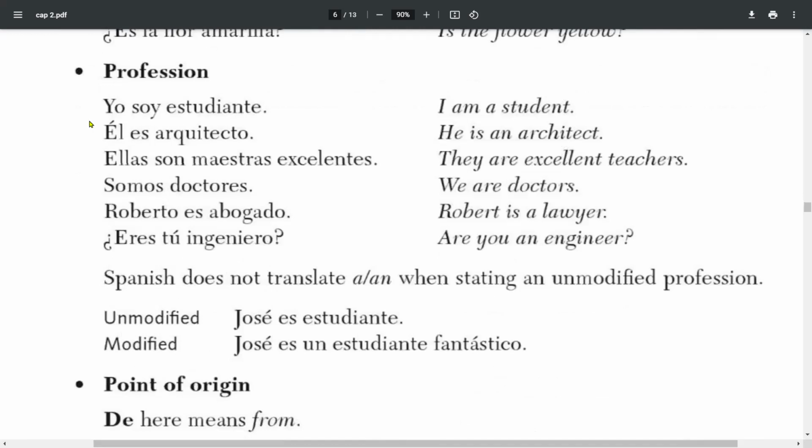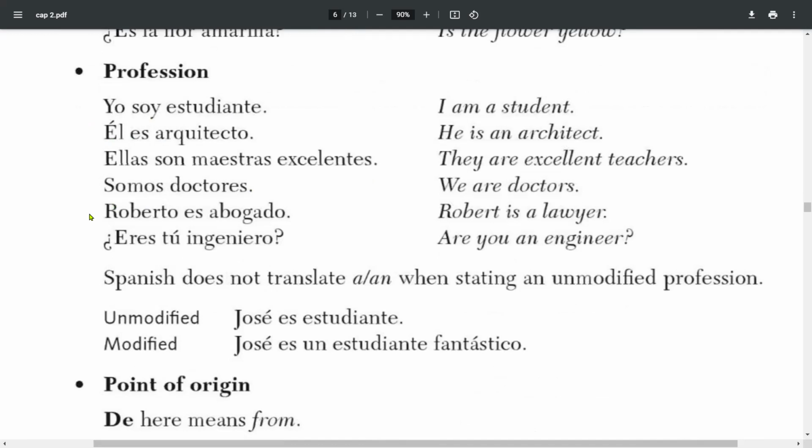Then profession, profesión. Yo soy estudiante. We could say soy estudiante. Él es arquitecto. Ellas son maestras excelentes. Somos doctores.